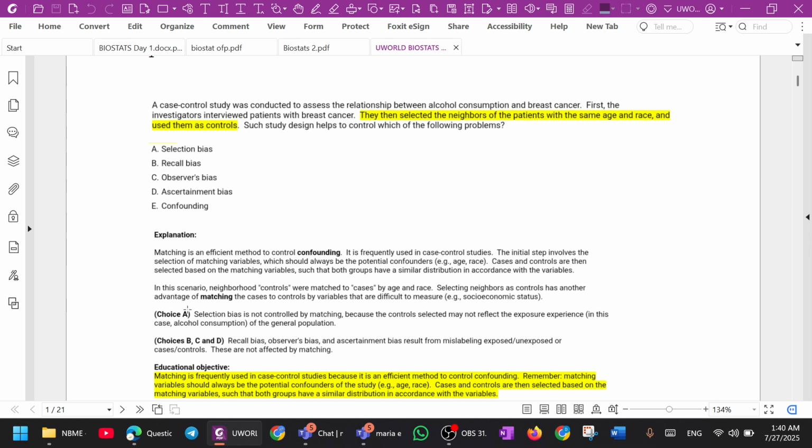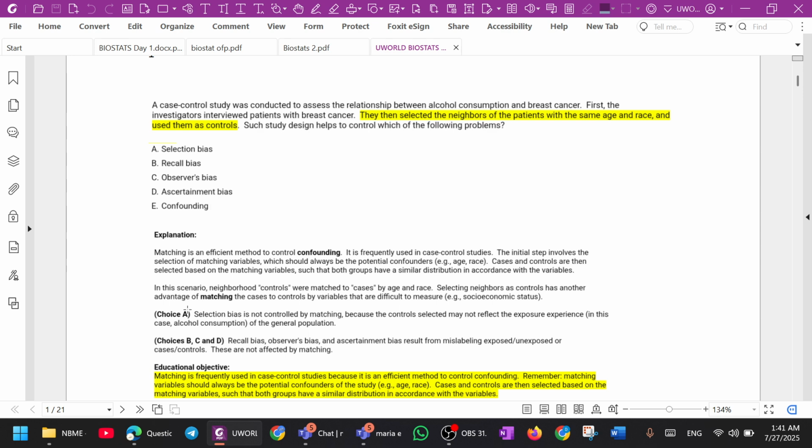Matching is an efficient method to control confounding. It is frequently used in case control studies. The initial step involves the selection of matching variables, which should always be the potential confounders, like age and race. Cases and controls are then selected based on the matching variable such that both groups have a similar distribution of the variable.